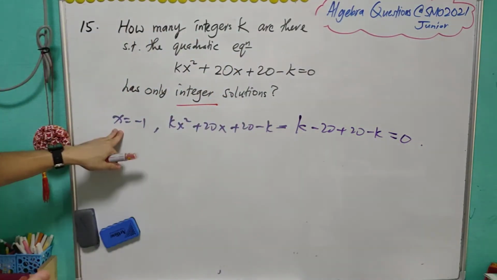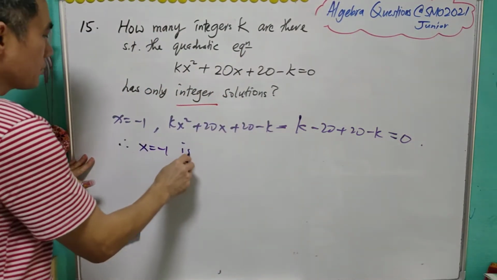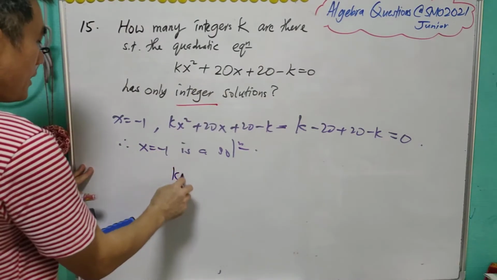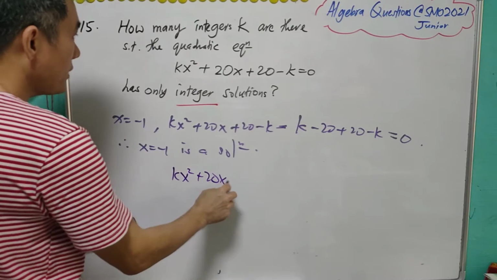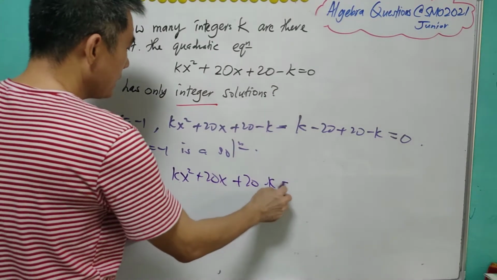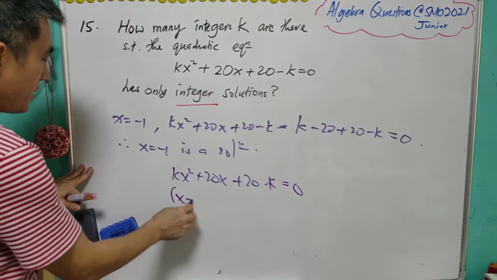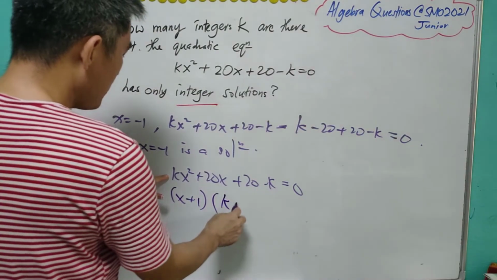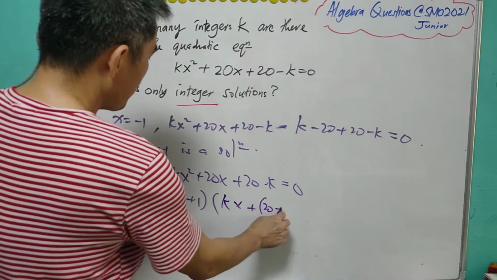So it means that x equals -1 is a solution. If x equals -1 is a solution, it means that kx squared plus 20x plus 20 minus k can be factorized as x plus 1, and for another factor, it will be kx plus 20 minus k.